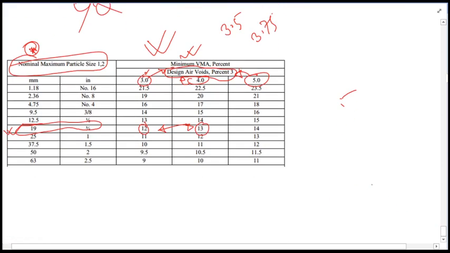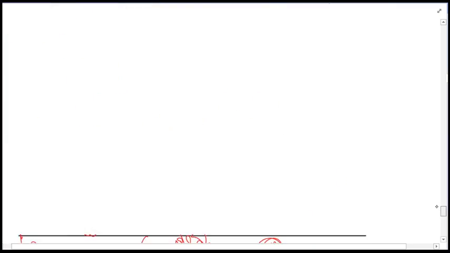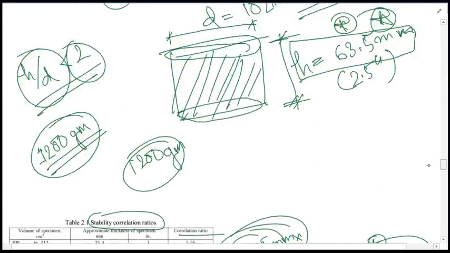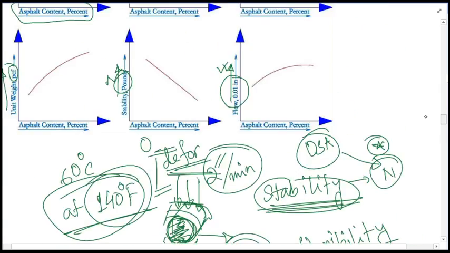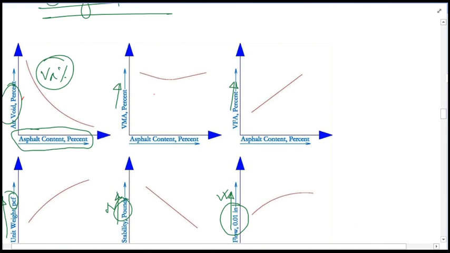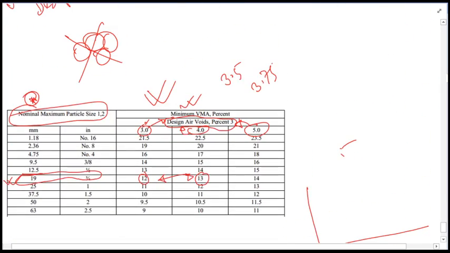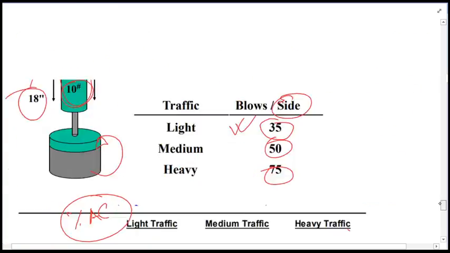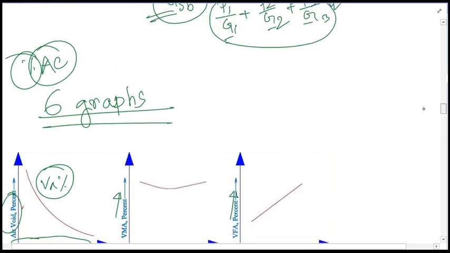In some cases you might see some cases arise. If we plot the VMA curve, as you can see here, the VMA curve will be like this. There will obviously be a minimum VMA, as we have just learned. Say, for example, that it is 12 in our case.